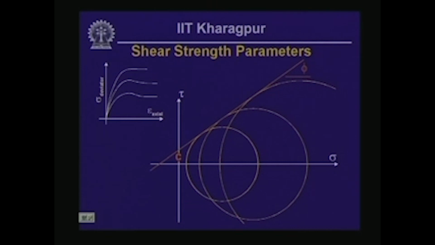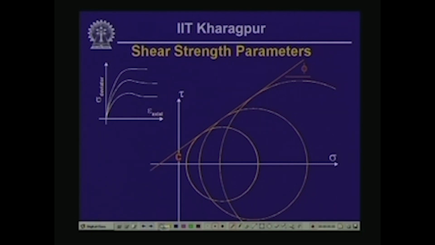Here we made a simplifying assumption that, at least for the range of stresses that is considered in this particular problem, namely between here and here, the failure envelope can be approximated by a straight line. That is what we said, and that particular straight line is characterized by these two quantities, and they are the strength parameters.